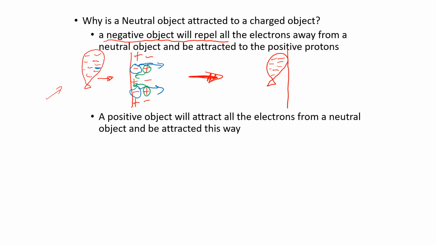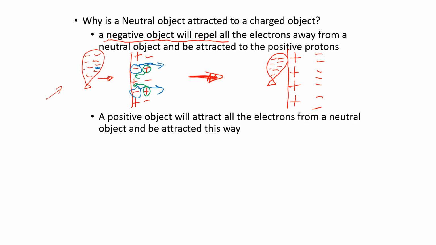So what we're left with is that all the negative charges get pushed away and go deep into the wall, and all the positive protons are going to be attracted to it, right like this.